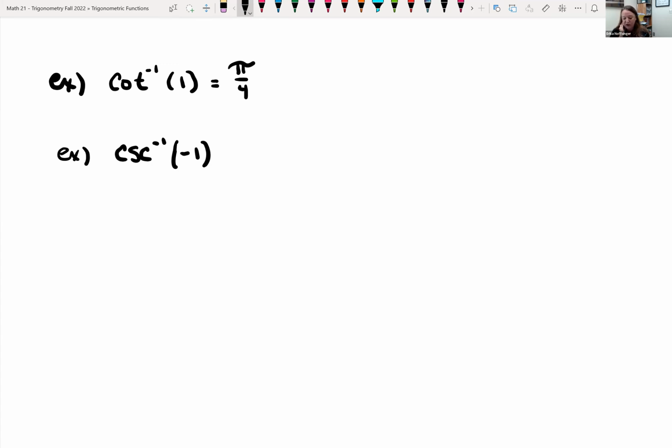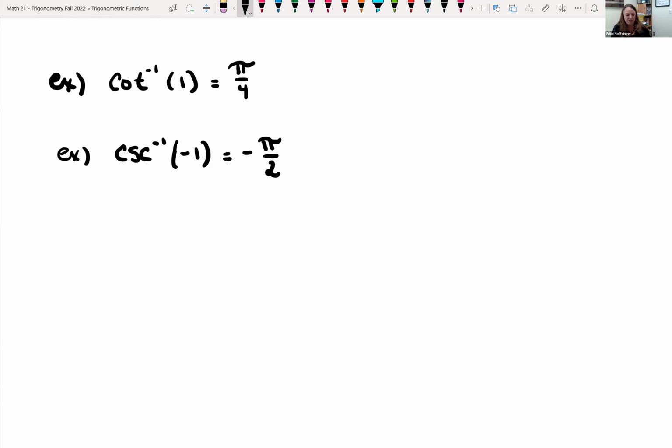Sine, I know for the original function, we bounded between negative pi halves and pi halves, so it was one-to-one. So I need to figure out for cosecant, what value would give me back -1 if it's between negative pi halves and pi halves. Well, I know that sine of negative pi halves is -1, so 1 over -1 is -1, so this would have to be negative pi halves.